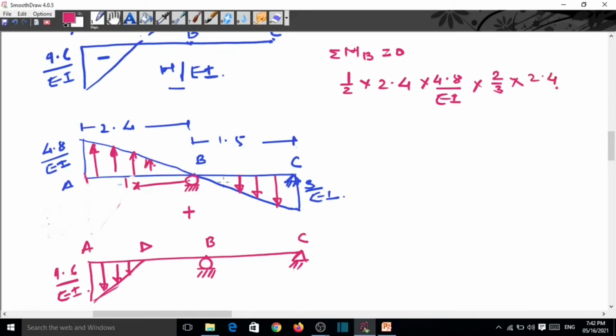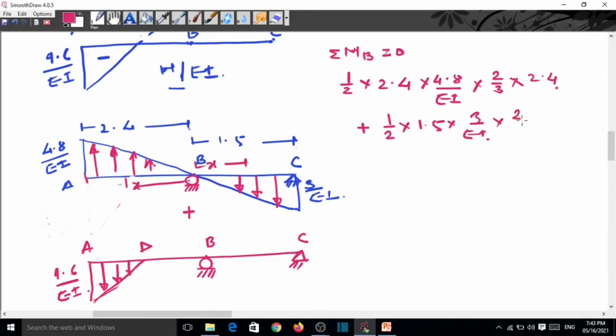Then again this load also rotates in the clockwise way, so plus 1/2, base is 1.5 and height is 3 by EI, and again x bar is 2/3 of this 1.5.